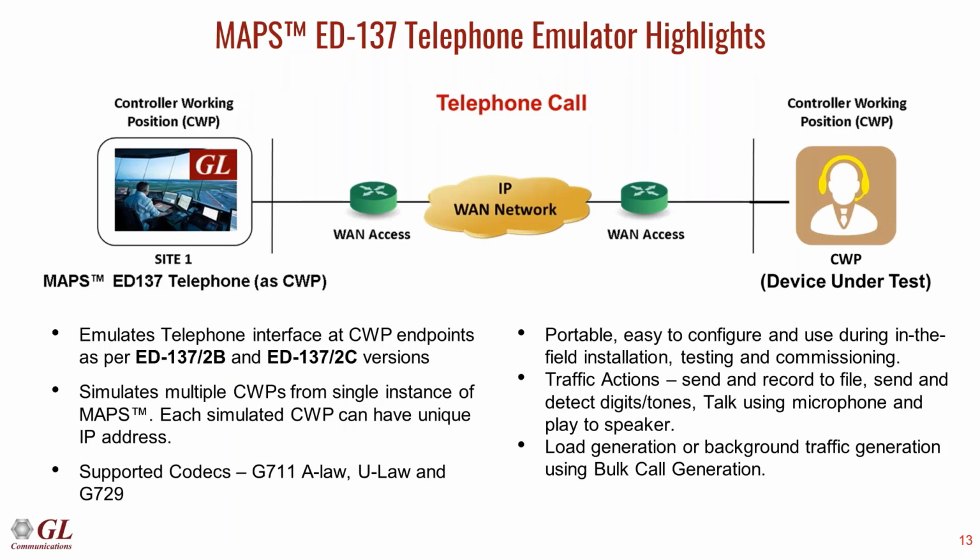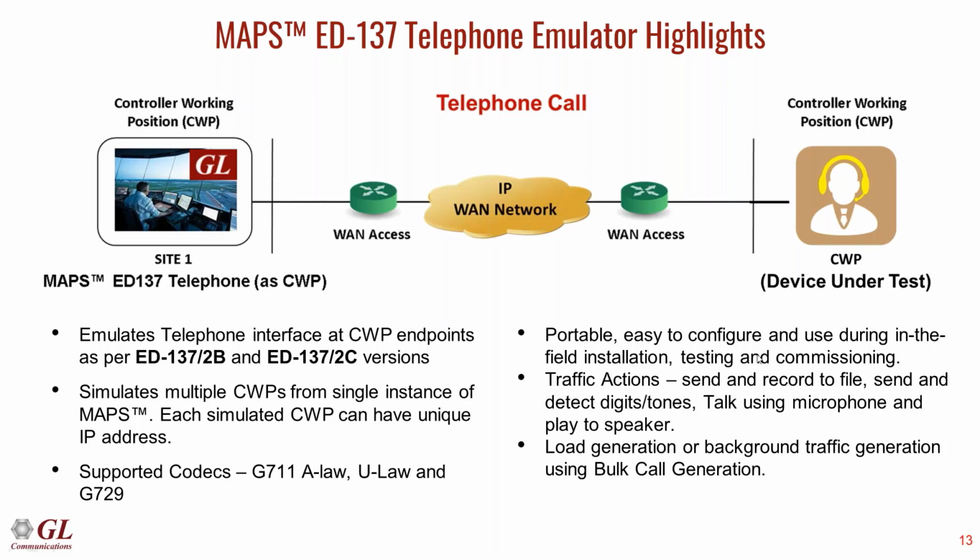Here again, the telephone emulator is going to simulate the controller working positions as per the specifications, like the ED137 2B and 2C versions for telephone interfaces. We can simulate multiple controller working positions, and each of these can have a unique IP address. We support an IP spoofing mechanism to have unique IP addresses.